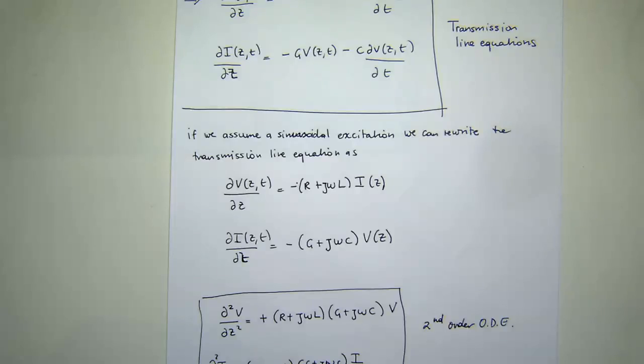I'll re-emphasize that all these relationships I'm deriving are for sinusoidal excitation only, and we'll do the transient analysis of non-sinusoidal excitation at another time. So when I'm talking about sinusoidal excitation, what am I saying? That this is the steady state response, when I'm exciting with a sinusoidal type of signal.